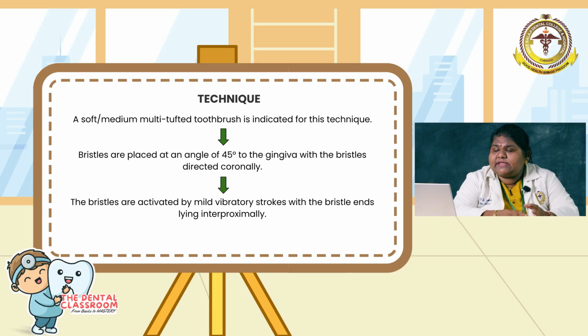The technique is that a small, soft or medium multi-tufted toothbrush is indicated. The bristles are placed at an angle of 45 degrees to the gingiva with the bristles directed coronally. The bristles are activated by mild vibratory strokes with the bristles lying interproximally.